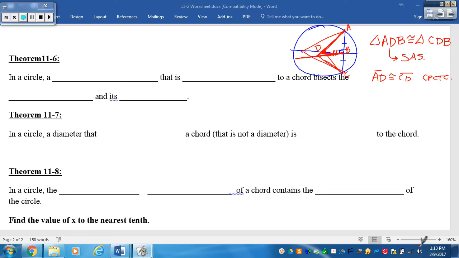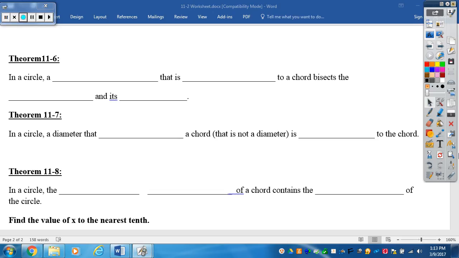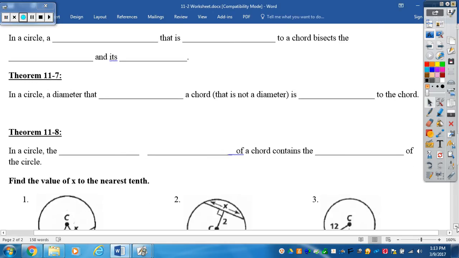And so the center point has to lie somewhere on that other chord, this chord right here. Okay? All right, so with that being said, let's take a look at some examples where we apply this.